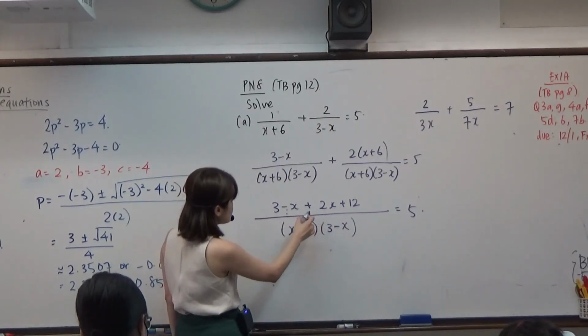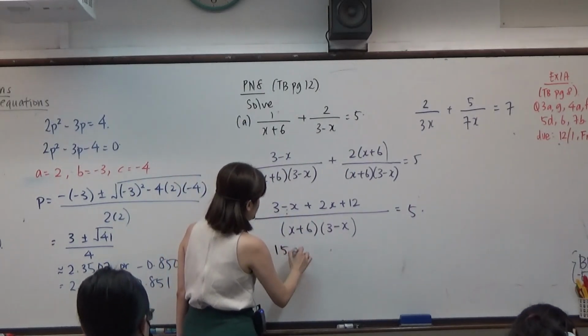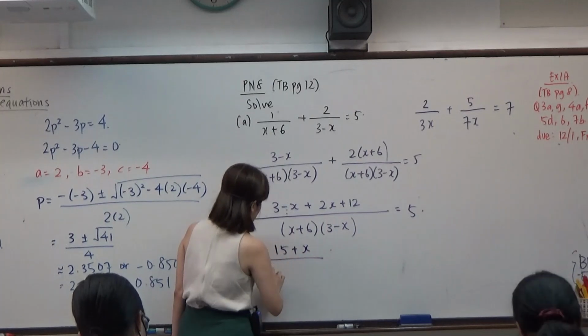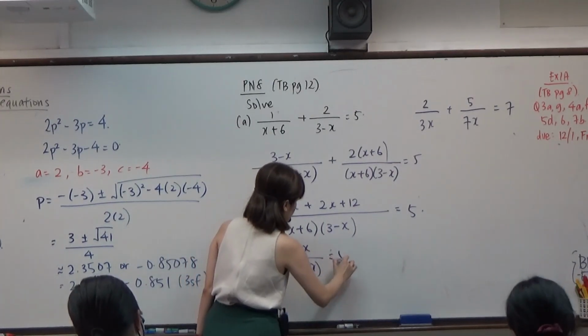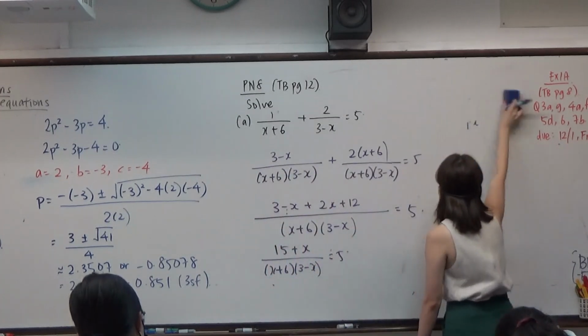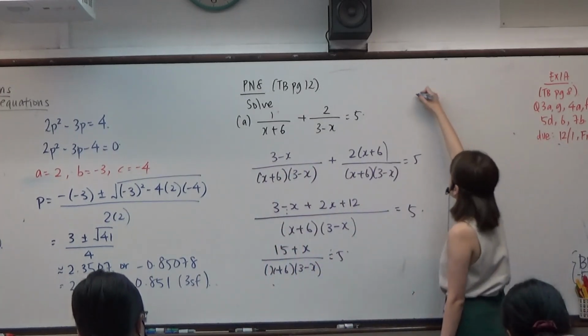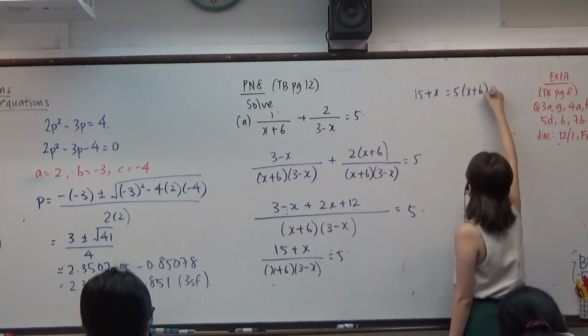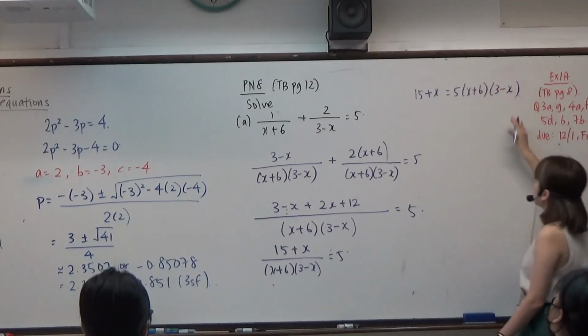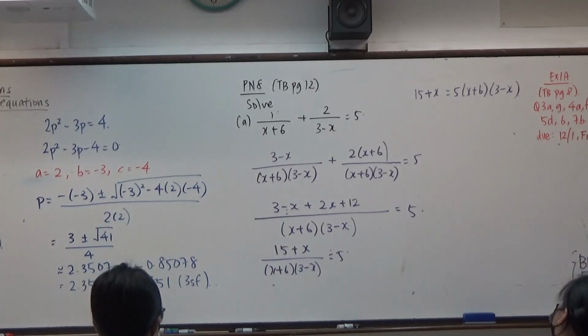So 3 plus 12 is 15 plus x. Which one? 2 over 6. Okay. Then after that, we expand this.